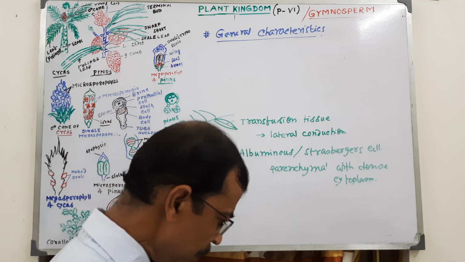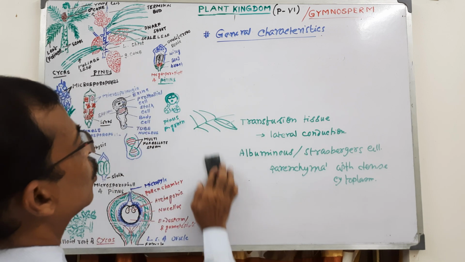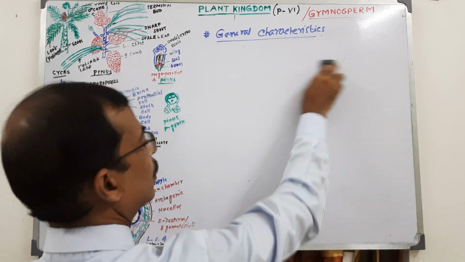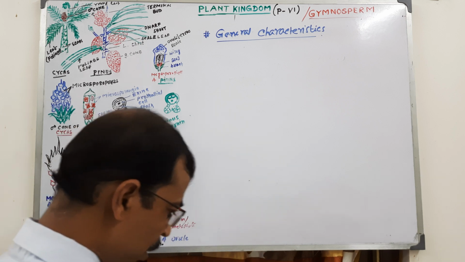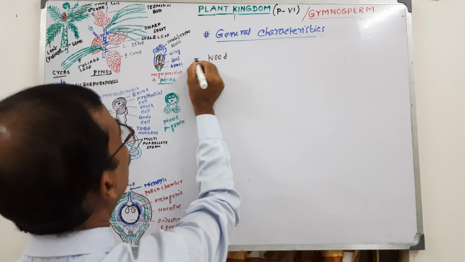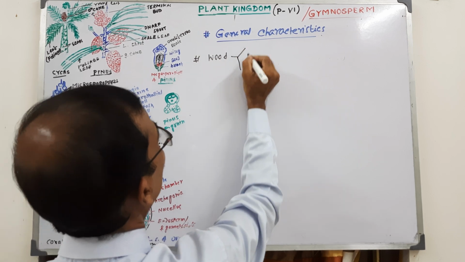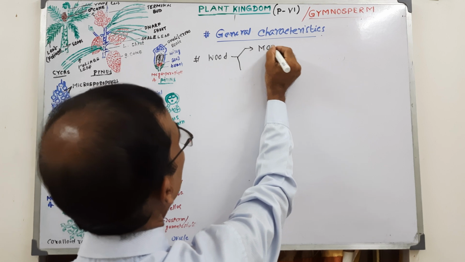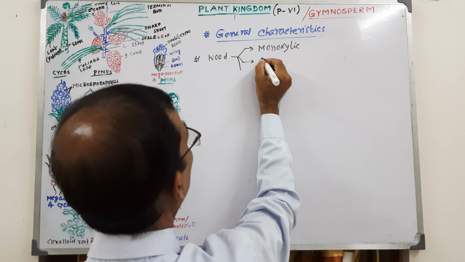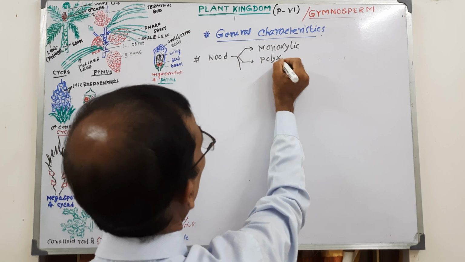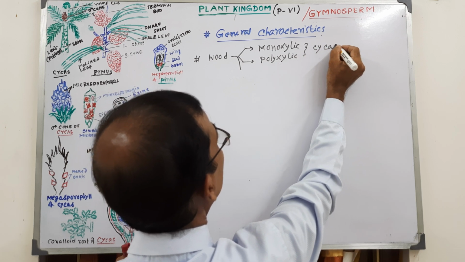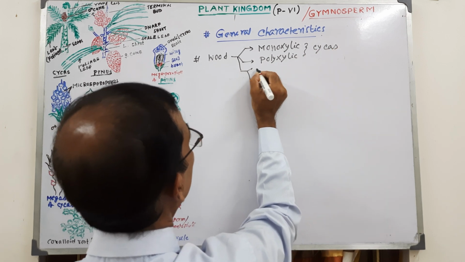Next, about wood, that is secondary xylem. Their wood may be monoxylic, polyxylic, found in Cycas, and pycnoxylic.